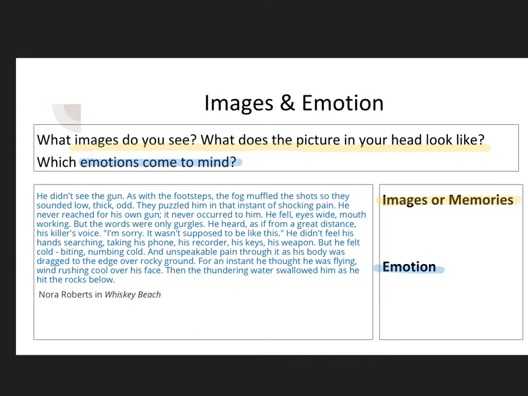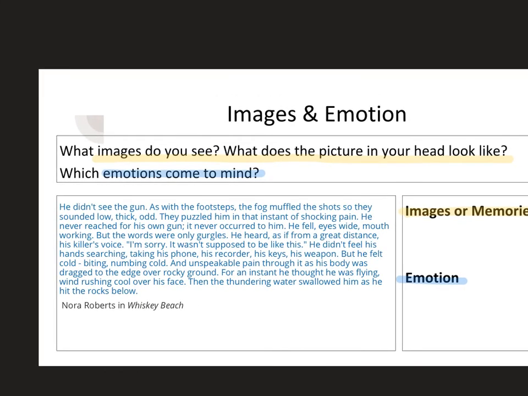The cool thing about storytelling is that for every person, there's going to be a different emotion or image that comes to mind, or even a memory. As we read, the storyteller may have some intention for what they want us to feel, but as the audience, we're going to feel what we feel, and part of it is practicing that on the receiving end. So I'm going to go over the first few lines of this, and then you can finish it up on your own.